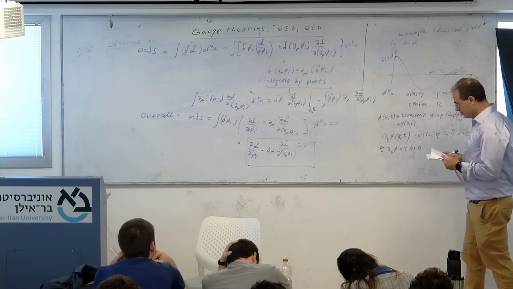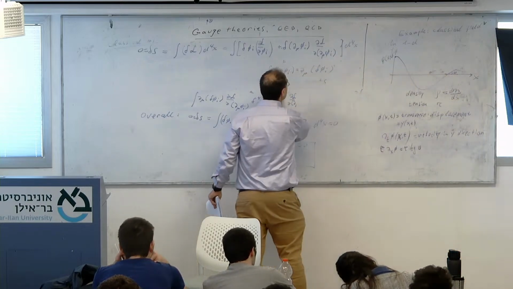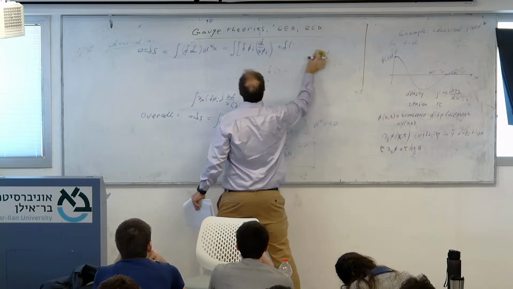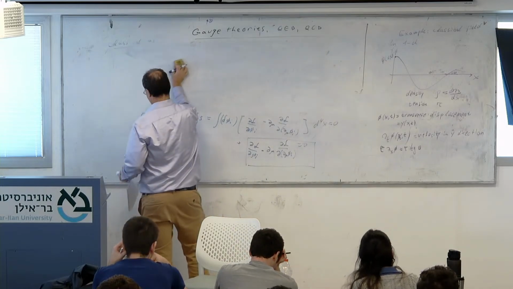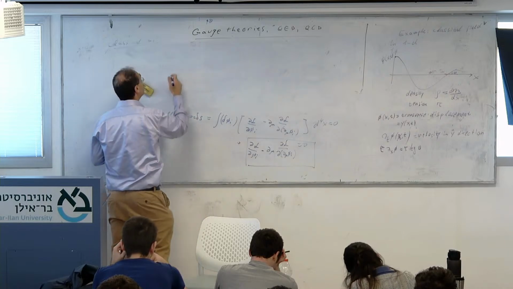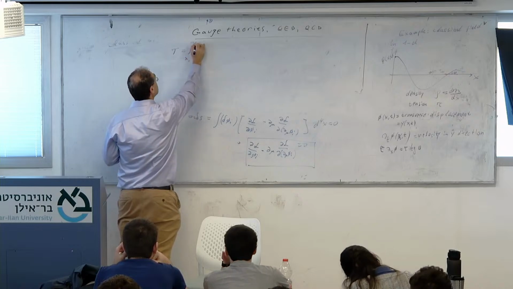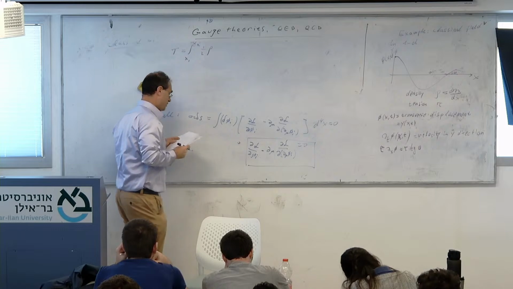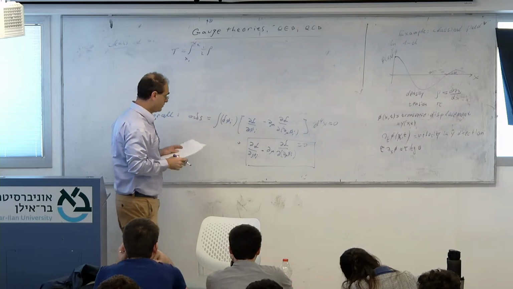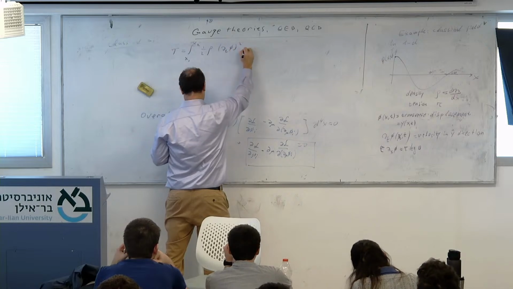So what's the kinetic energy and the potential energy? Are we talking about the half density, half rho velocity squared? Yeah, so T is the integral from x1 to x2 of half rho dt phi squared dx.